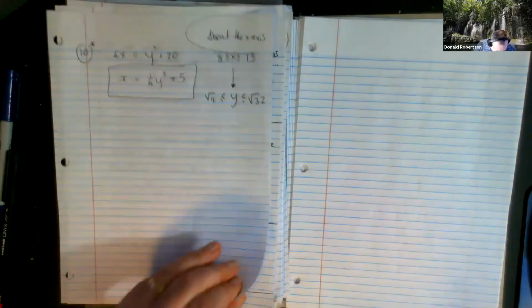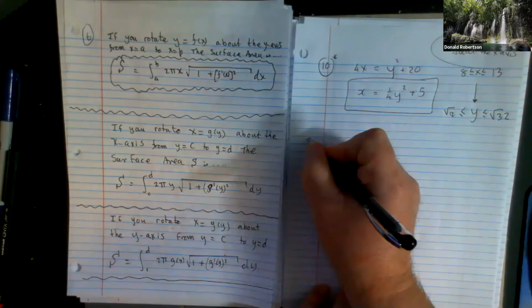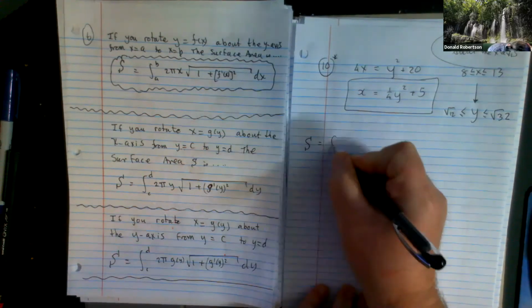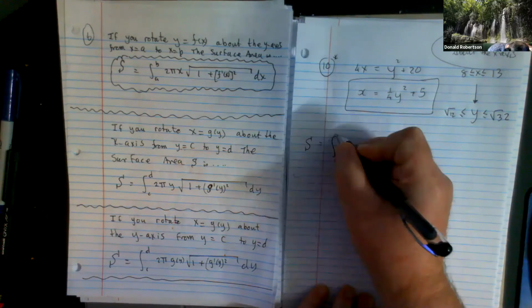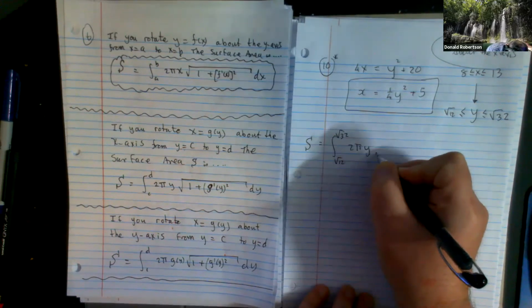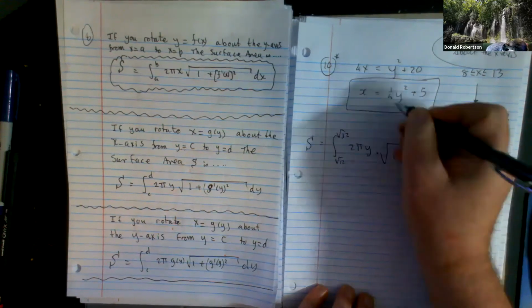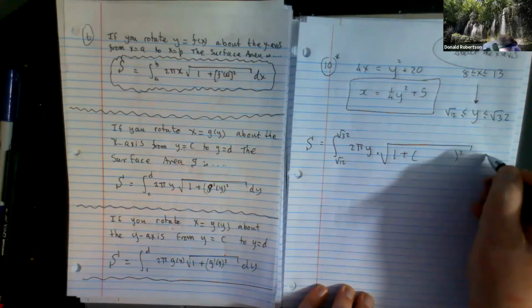Okay, we've got a formula. It's this guy here. The surface area is going to be the integral from the square root of 12 to the square root of 32, 2 pi y times the square root of 1 plus the derivative of this guy squared, dy.